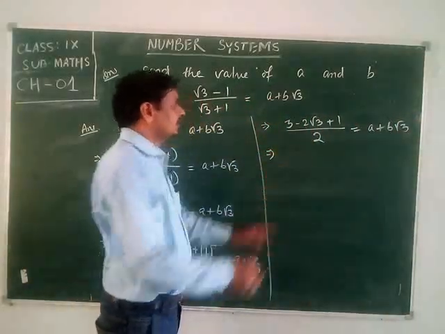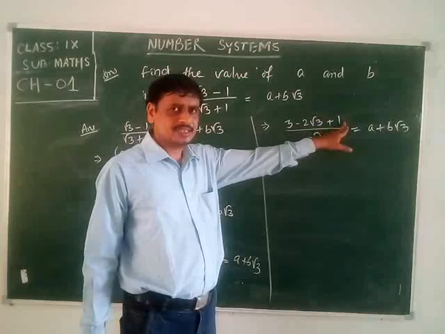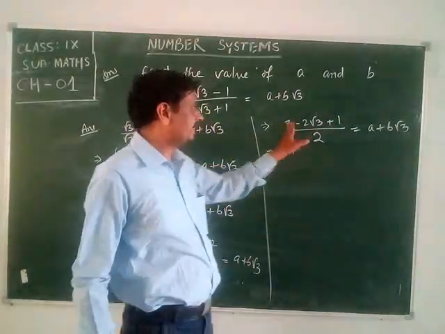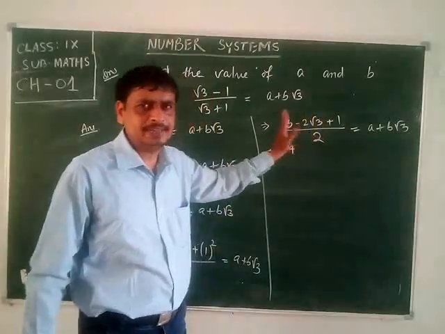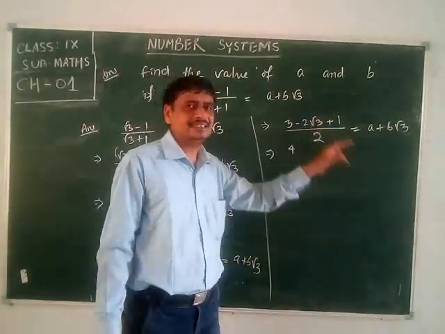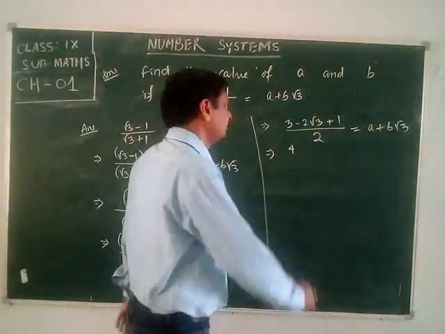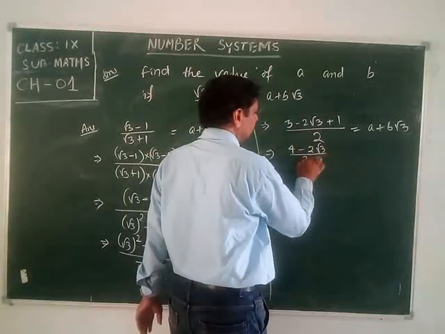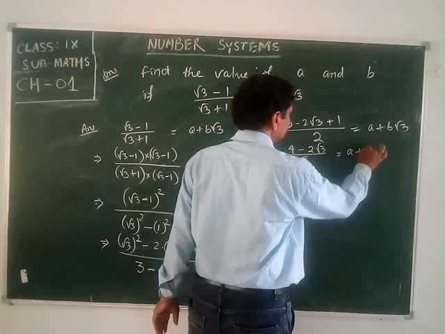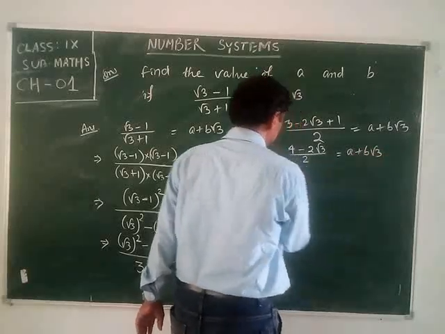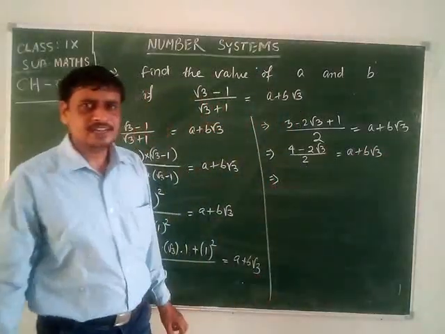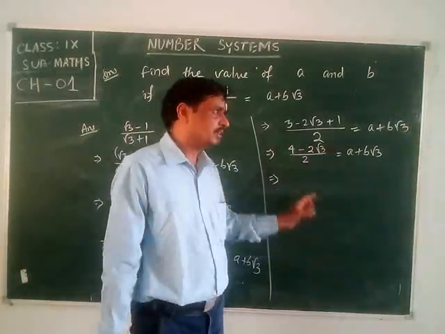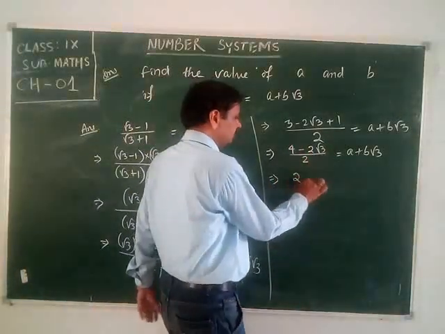Now 3 plus 1 becomes equal to 4. Both are rational numbers, we can operate them directly, but 2 root 3 is an irrational number. Write separately: 4 minus 2 root 3 by 2 gives A plus B root 3. Now we can take common from 4 and 2 root 3 the common factor 2.